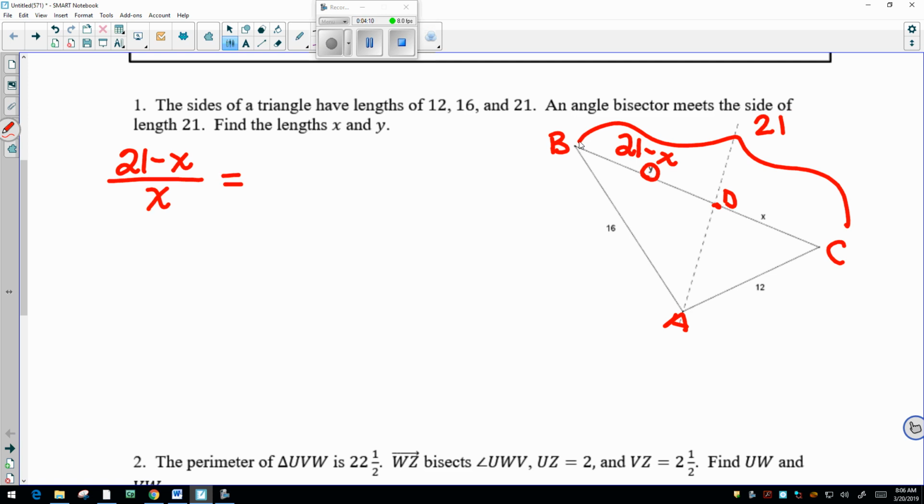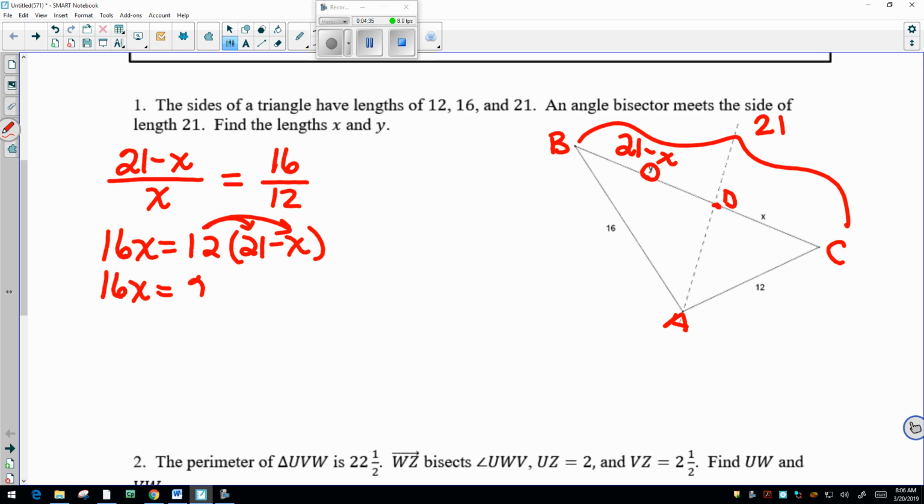This should be the same thing as if I compare, now so we went left to right, I'm going to do the same thing, left, which is 16, to right, which is 12. Okay, and now we're going to cross multiply to solve. So I have 16x is equal to 12 times 21 minus x. Keep in mind to simplify, we need to distribute.